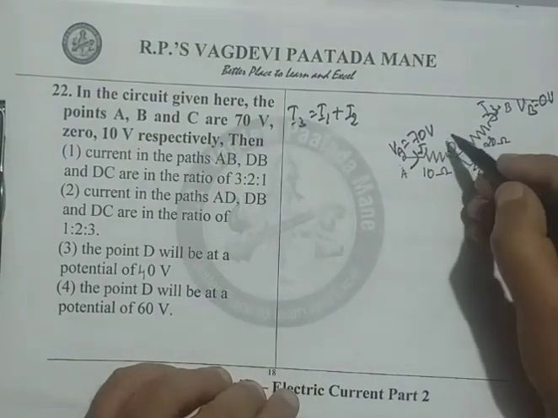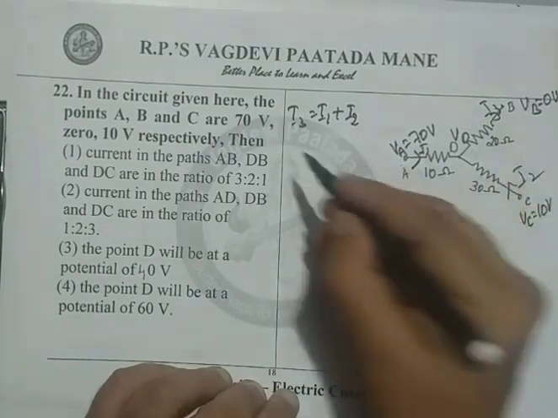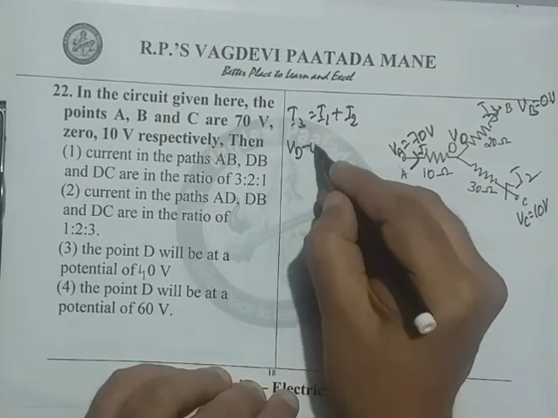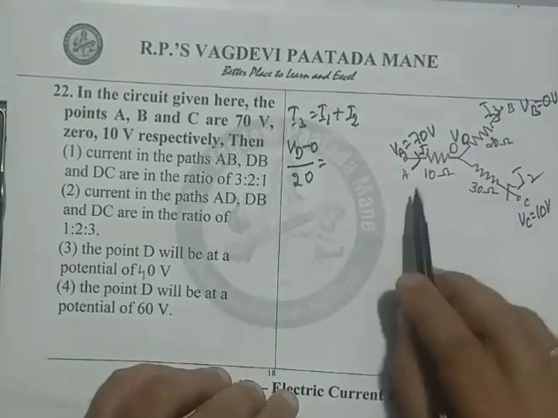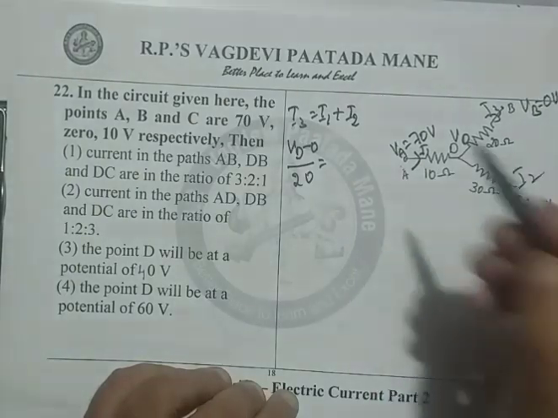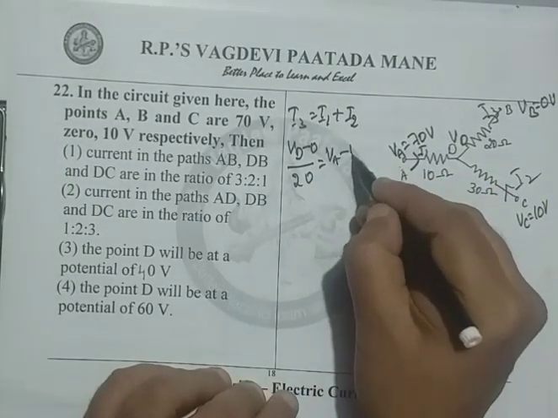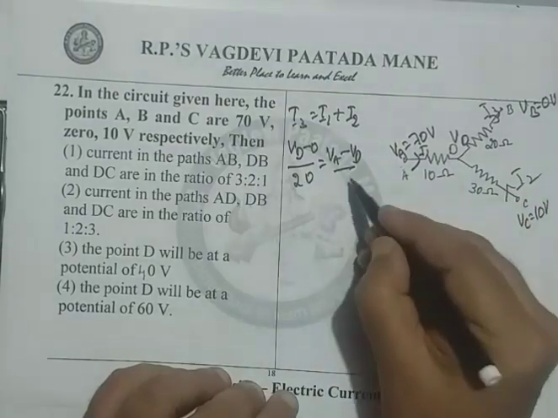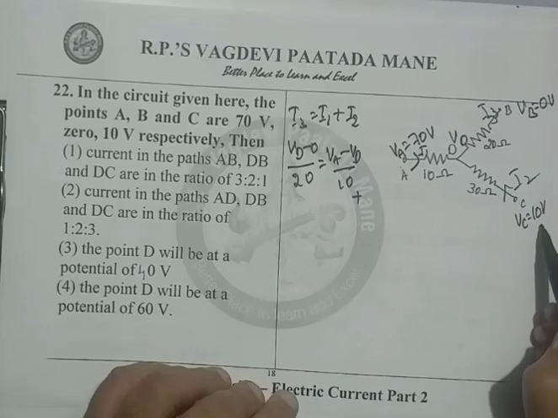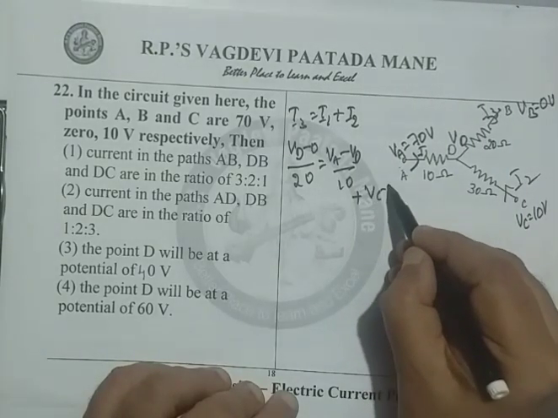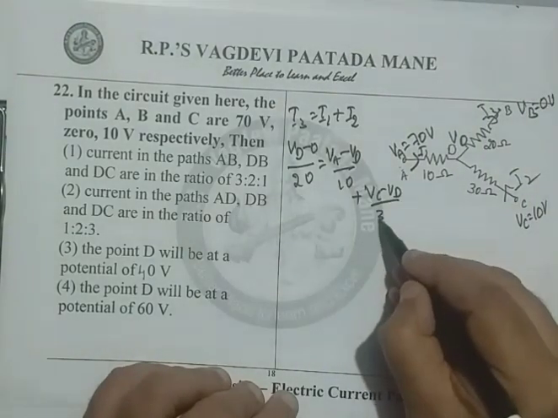I3 we can write, say, if VD is the potential at D, VD minus 0 by 20, which is equal to I1. I can write VA minus VD by 10 plus I2. I can write VC minus VD by 30.